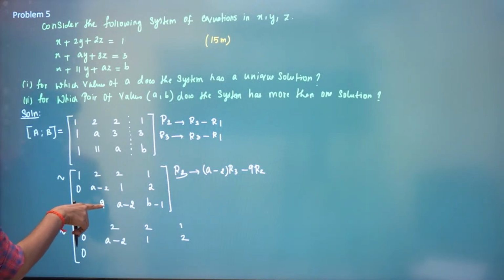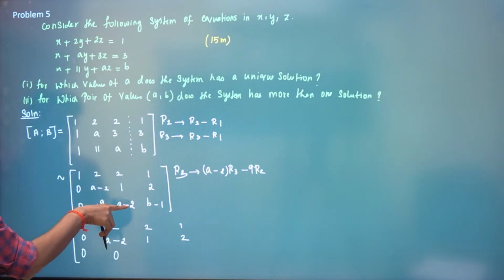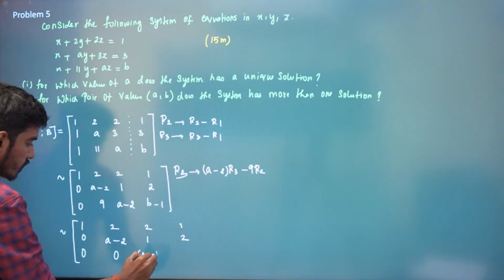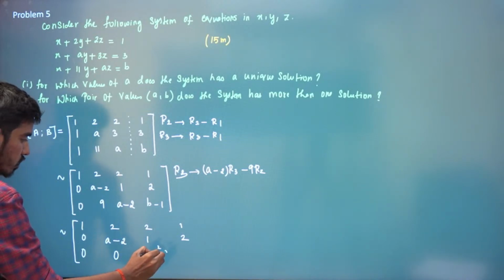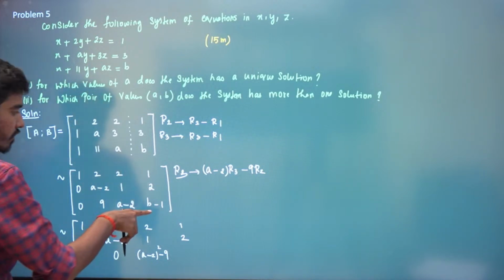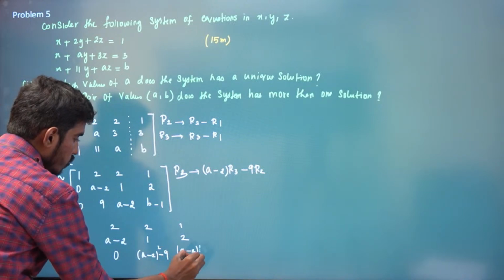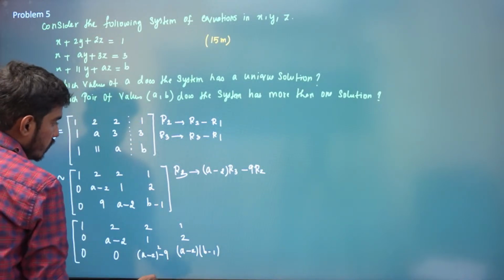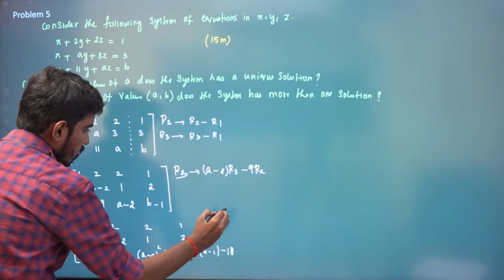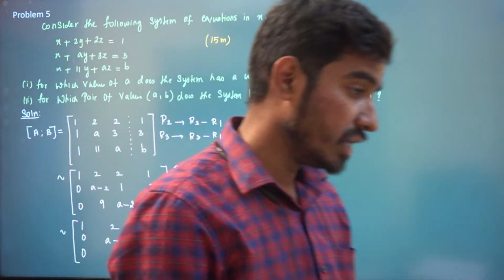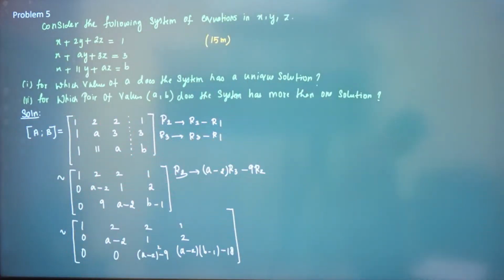We are multiplying a minus 2 here, 9 here, and then subtracting. Here we multiply a minus 2 and subtract 9, so this will be (a minus 2) whole square minus 9. Here we multiply a minus 2 into b minus 1, minus 18. So this will be (a minus 2)(b minus 1) minus 18, my third row, third element.